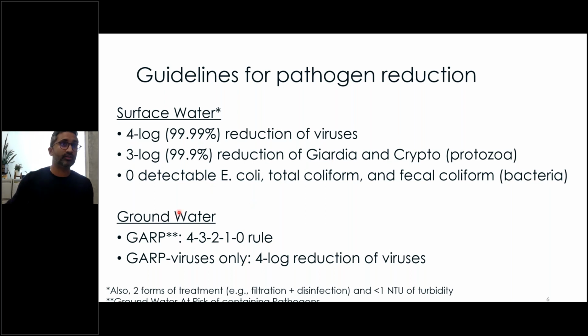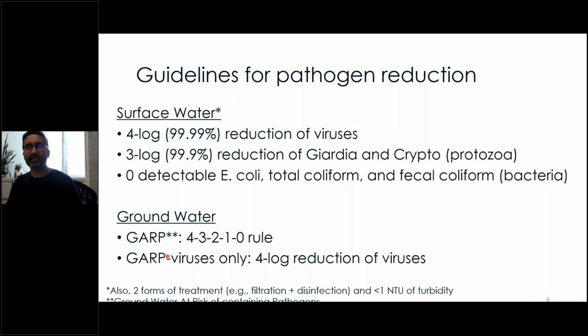If you're using groundwater, there's a couple of classifications depending on what your groundwater is. If it's considered a GARP, which is groundwater at risk of pathogens, then in that case, you basically need to follow the same requirements of surface water. If it's at risk of having pathogens, then you follow that 4-3-2-1-0 rule, which is the same thing we talked about up here.